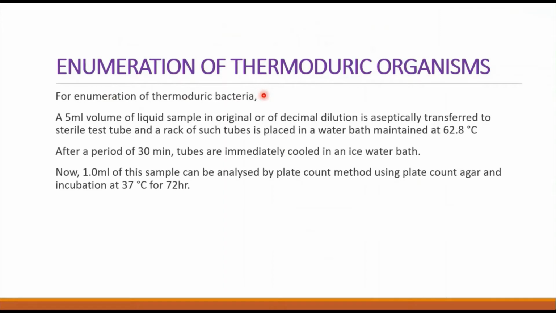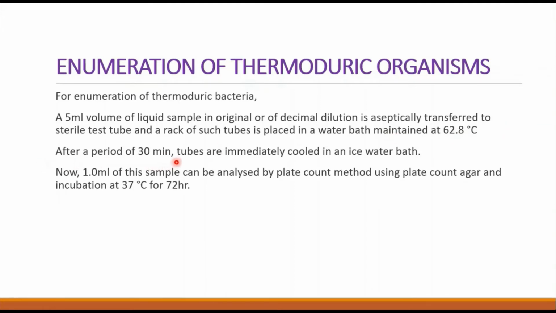For enumeration of thermoduric bacteria, we take 5 ml of liquid sample, either original or a decimal dilution, aseptically, and transfer it to a sterile test tube. A rack of such test tubes is placed in a water bath maintained at a temperature of 62.8 degrees.